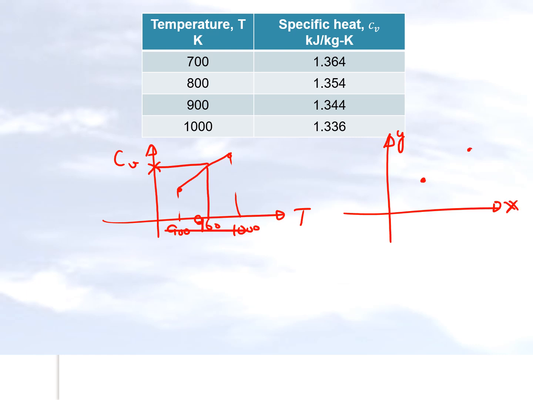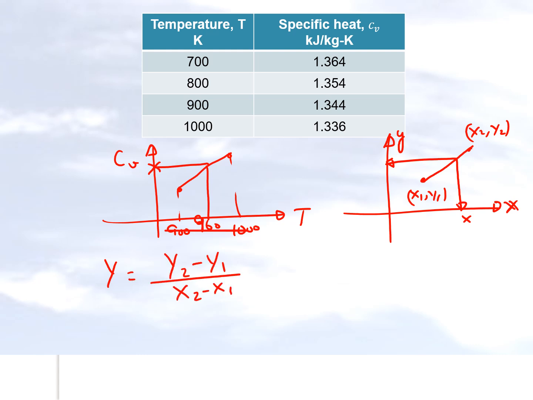You said, okay, if this is x1 comma y1 and this is x2 comma y2, then if I want to find the value of y at a particular value of x, y is given by this formula: y2 minus y1 divided by x2 minus x1 times x minus x1 plus y1. You can very well see that if I look at this, this will be x1, this will be x2, this will be y1, and this will be y2. So I could very well use that.